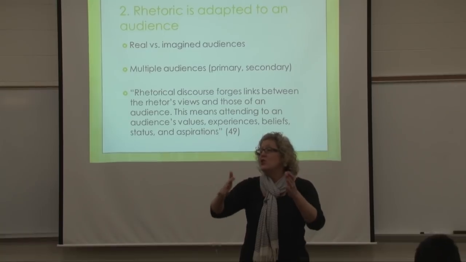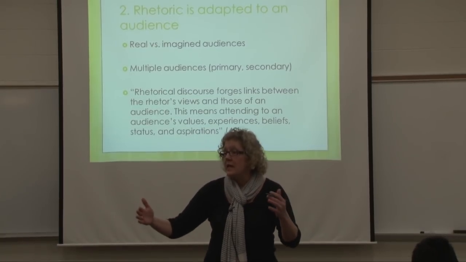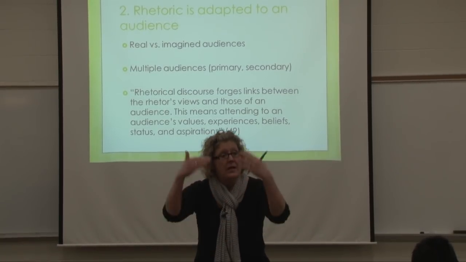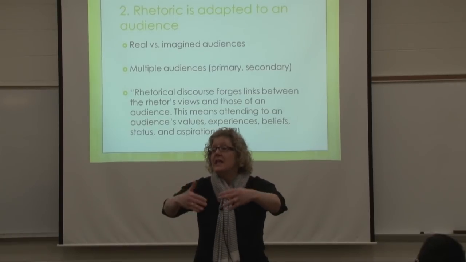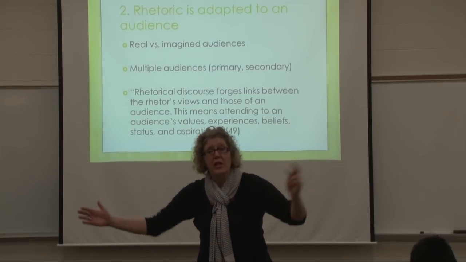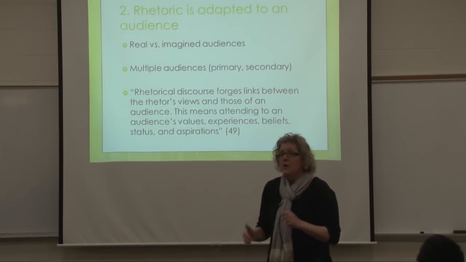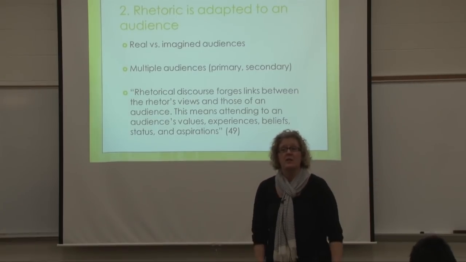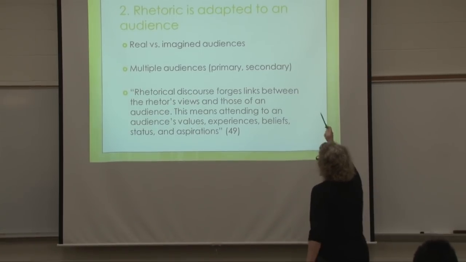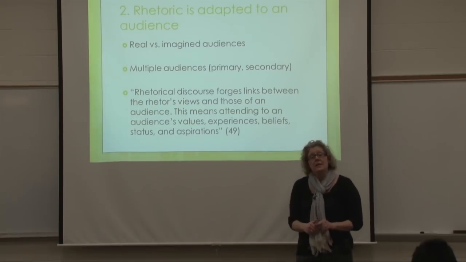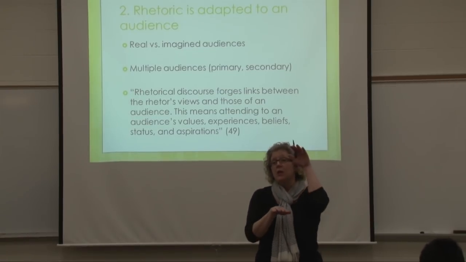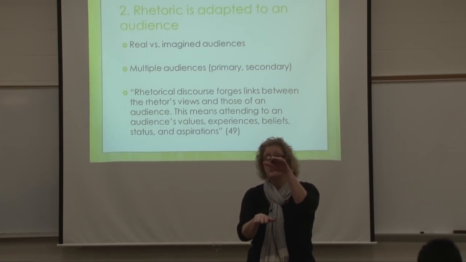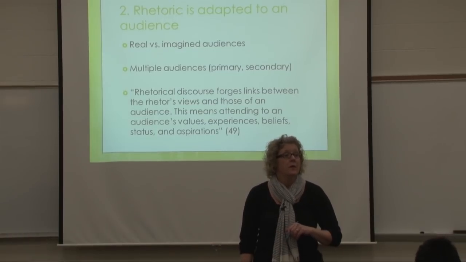So communication, discourse, writing, speaking can have a primary, clear, direct audience. It can have secondary and tertiary audiences as well. There can be many, many different kinds of audiences. Sometimes what's interesting about this is that rhetors can be saying two different things to two different groups of people.